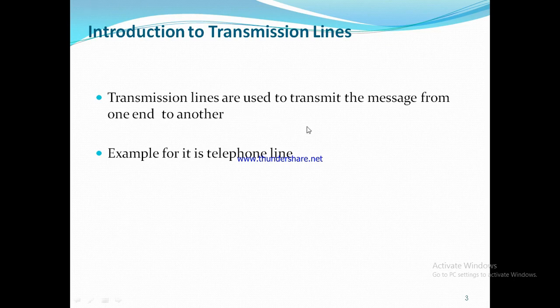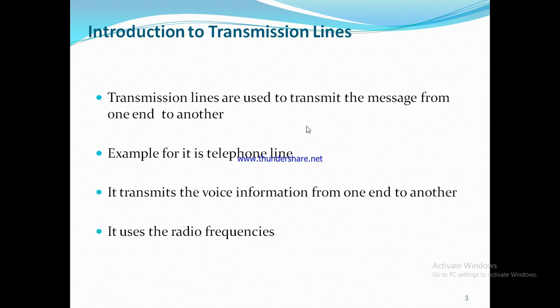So here the transmission lines are used to transmit the message from one end to another end. So in the field of electronics and engineering, it is needed to guide the electrical energy from one point to another point. One form of electrical energy is an RF signal.